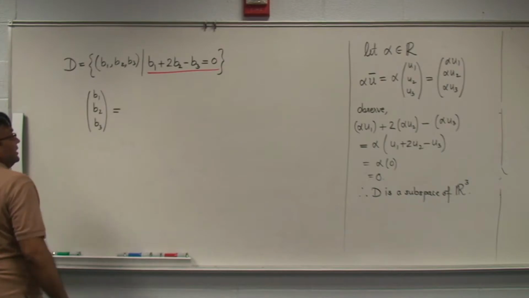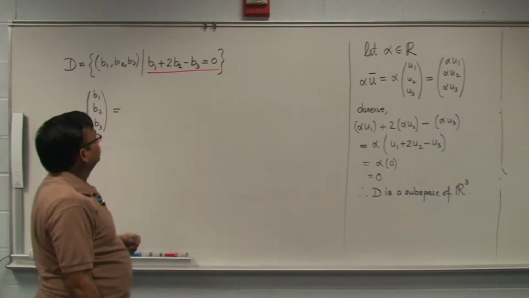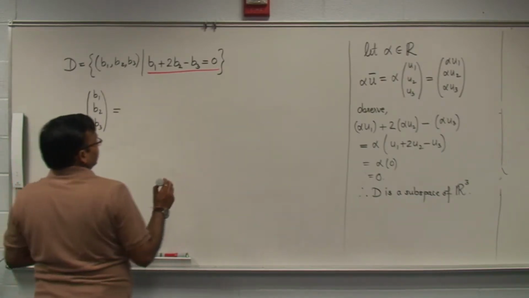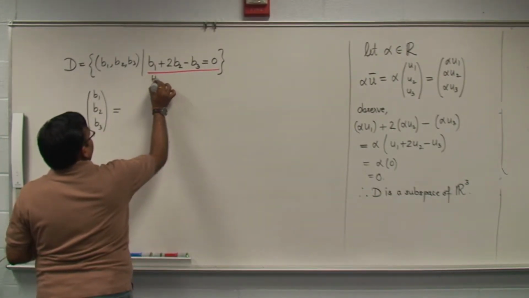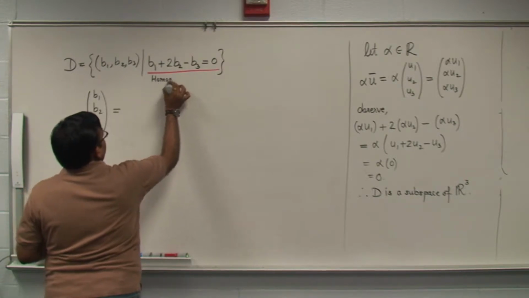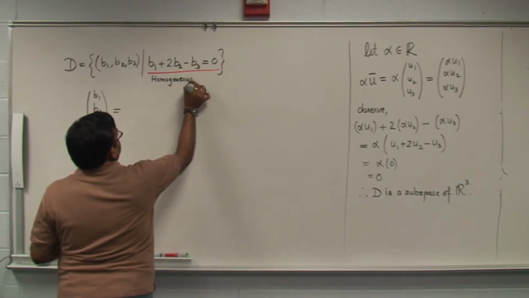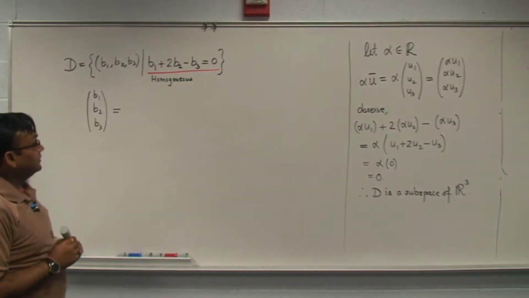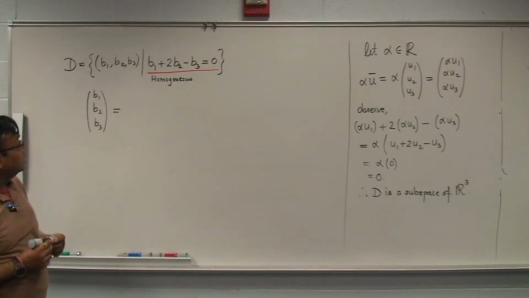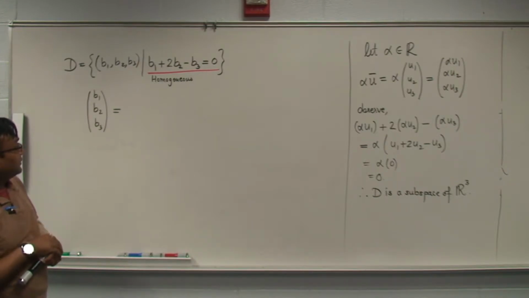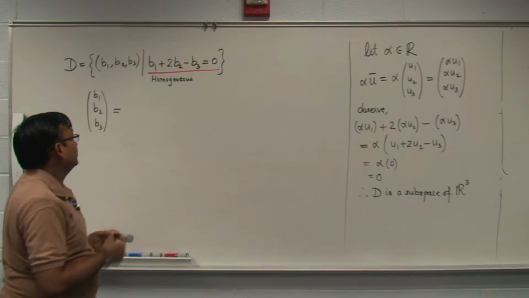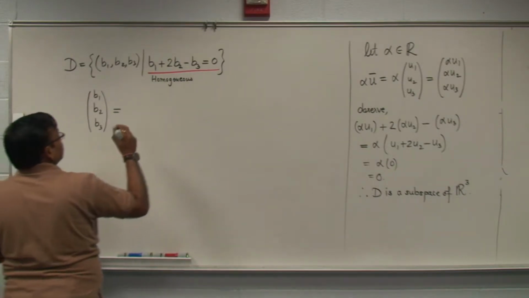Now, if you look at this particular equation, b1 plus 2b2 minus b3 equal to 0, can we say that this equation is a homogeneous equation? Right hand side being 0, it's a homogeneous equation. So anything which satisfies this, can we say it is a solution to the homogeneous system? And if you remember in the first example where b1 was 0, that too was a homogeneous system.